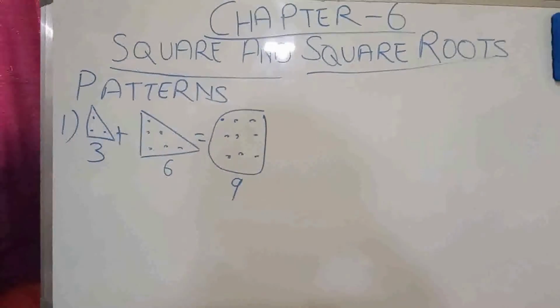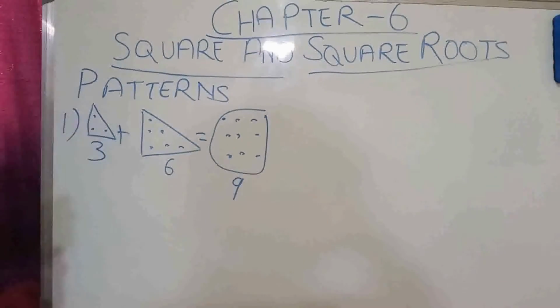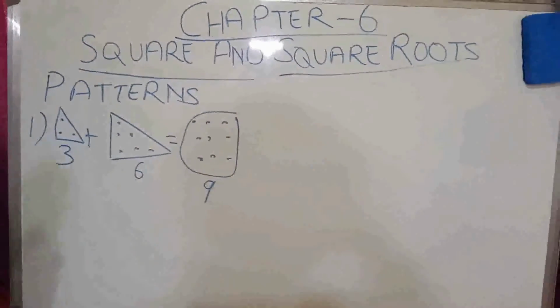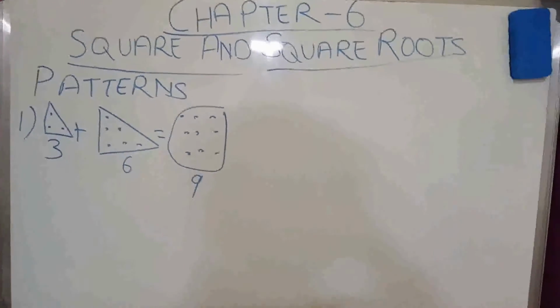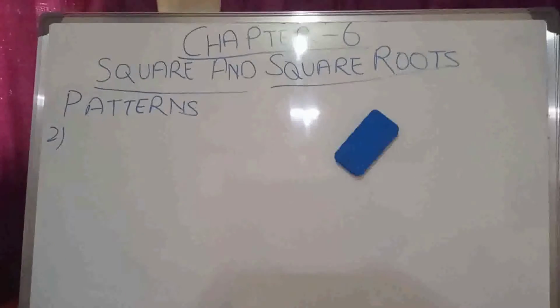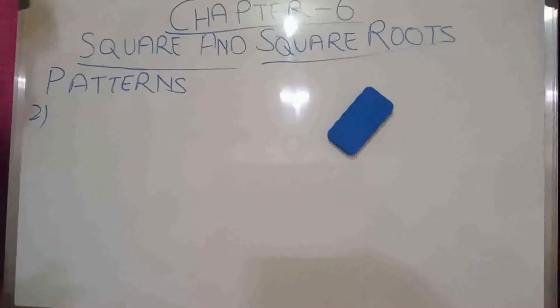So we can see here that when we add two consecutive triangular numbers, we get a square number. So this is a very easy pattern to find square numbers. Now next we'll be seeing the other pattern: adding odd numbers. When we add consecutive odd numbers, then we get a square number.